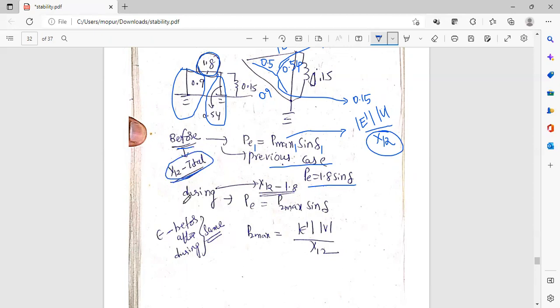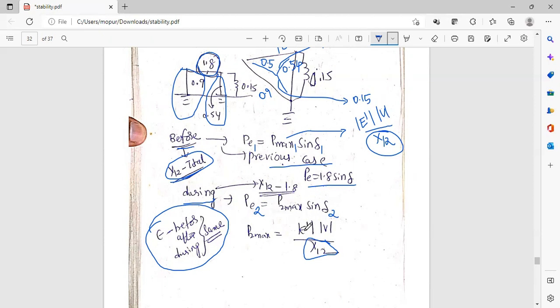When we are solving during fault condition, this E will be same. E will be same for before, after, and during. And this V is also 1 for all the conditions. Only this x12 changes for before, after, and during. When we are calculating for during condition, PE2 is equals to P2 max sine del 2, where this P2 max is equals to E dash V by x12.